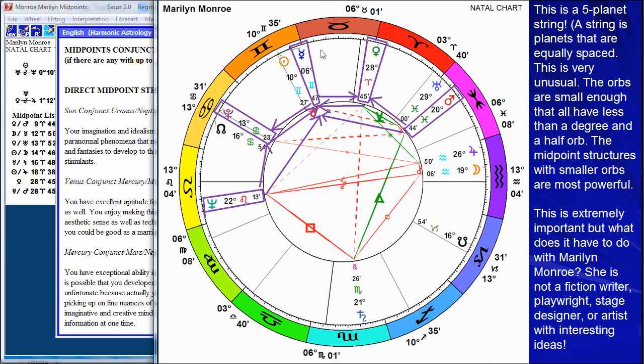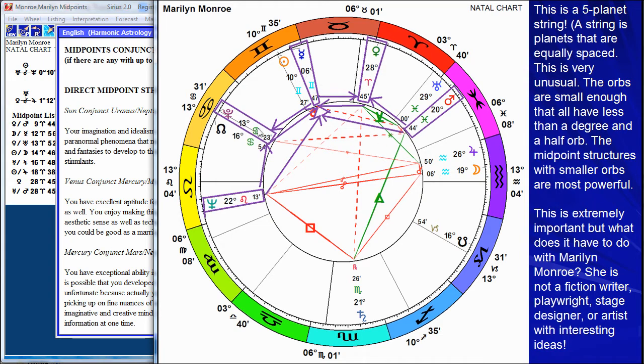Five planets equally spaced. And this should be Marilyn Monroe based on vibrational astrology, because it's all vibrating at the same frequency. We've got Venus at Mercury, Mars. Whenever you get Mercury and Venus together, it means beautiful thoughts. You get literature, art, making art, creating art or literature.